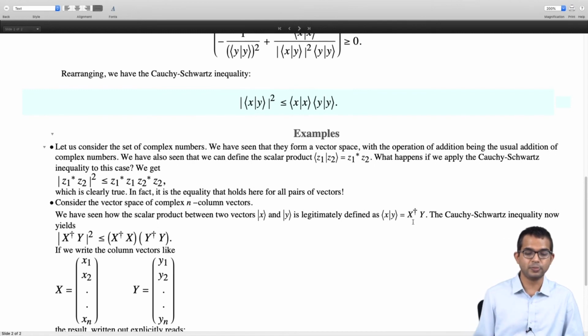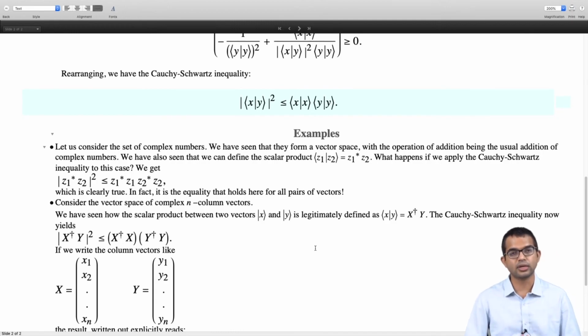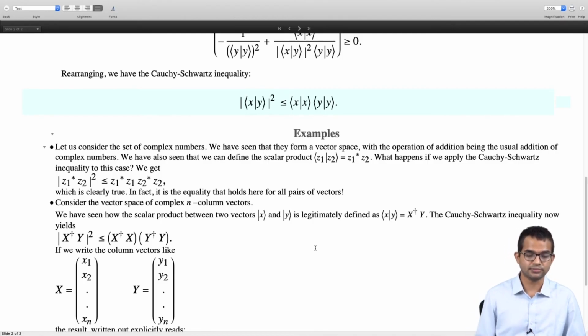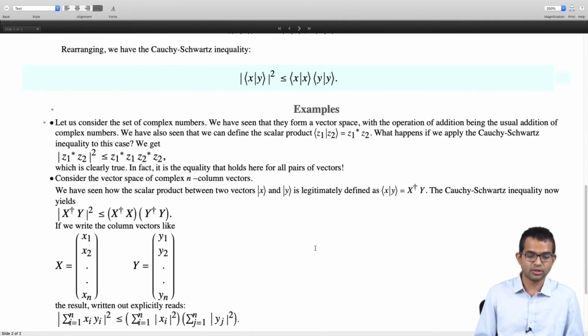So explicitly, if you want to see this, let's say you have two column vectors x and y, with entries x1, x2, all the way up to xn. They're all complex coefficients, right? And y1, y2, up to yn, all of them are also arbitrary complex numbers. So what this result says is, it doesn't matter, you have some n arbitrary complex numbers here and another n arbitrary complex numbers. If you tie them up in this particular manner, this inequality necessarily holds, right?